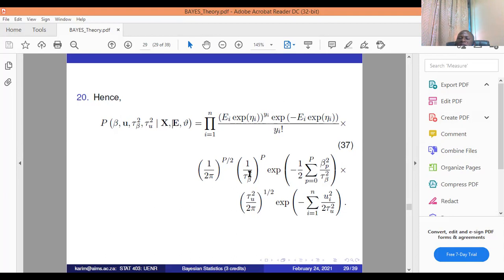I have to supply initial parameters, or the distribution for my u, that of my betas, also supply the distribution for the tau, supply the distribution for the tau u, and that will enable me to estimate the parameters, or the posterior parameters, from this model.